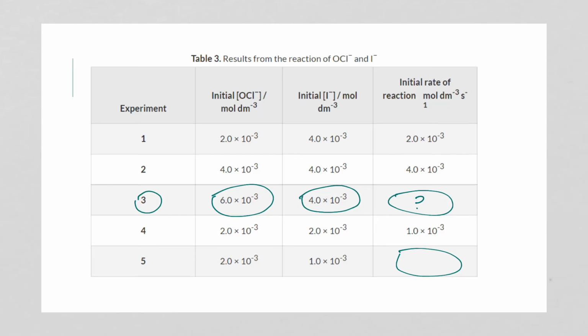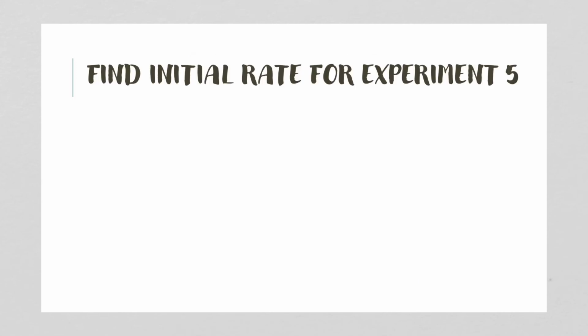Now we're going to go back and figure out the rate of reaction for experiment number 5. For 5, we had 2.0 times 10 to the negative 3 moles per liter, or moles per decimeter cubed, for the first reactant, and then 1.0 times 10 to the negative 3 for the second one. So now we'll solve that one.